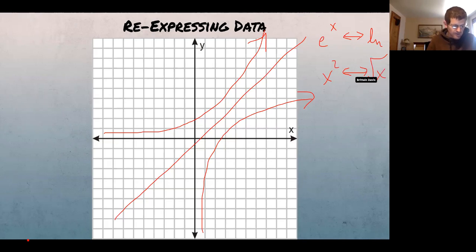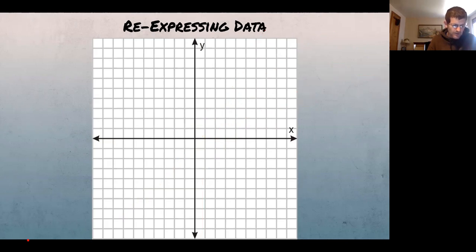All right, now let's see, are there other functions? There are some other ones here that are worth mentioning. What would a function that looked like this potentially be? Anyone remember seeing functions like that?